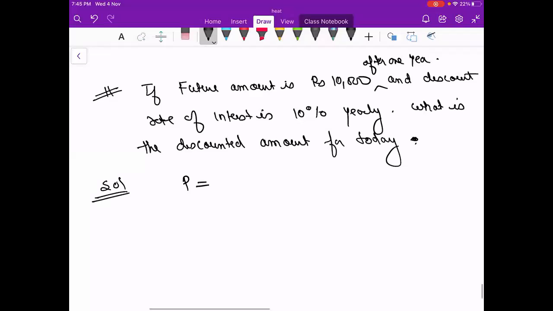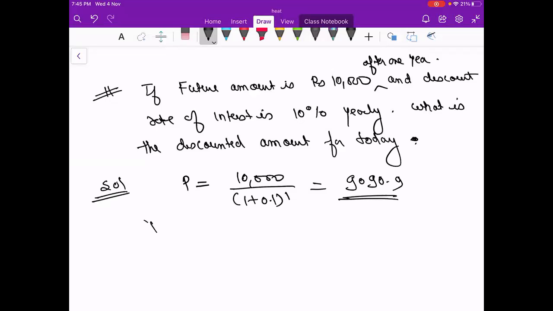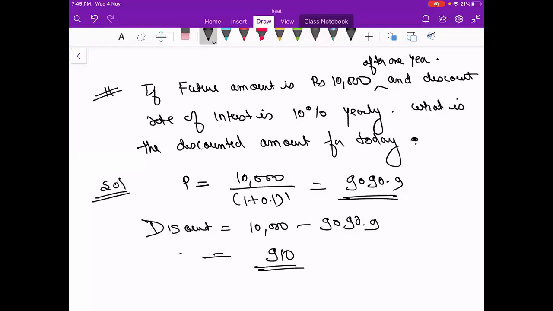So present value equals 10,000 upon 1 plus 0.1 to the power 1. So how much are you getting? 9090. So what is the discount you have got? 10,000 minus 9090.9, so it will be approximately 910. So that's it.